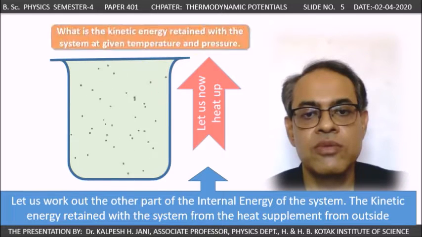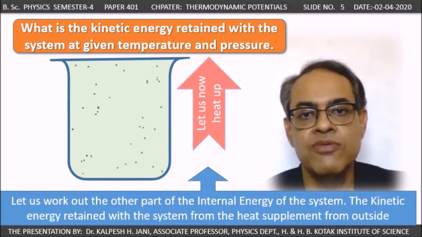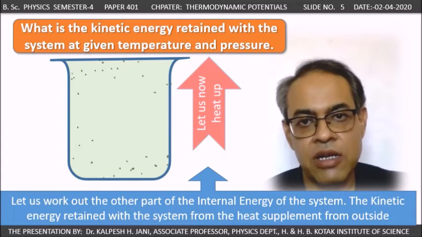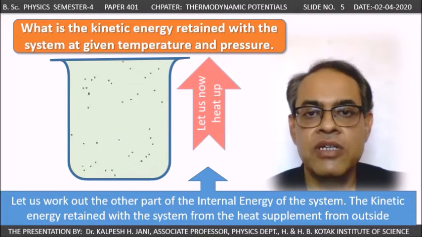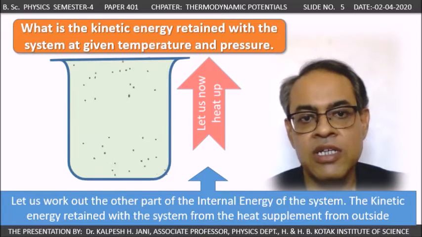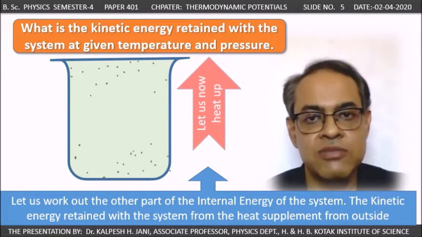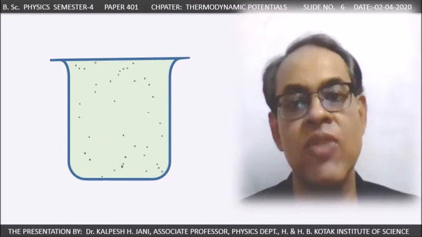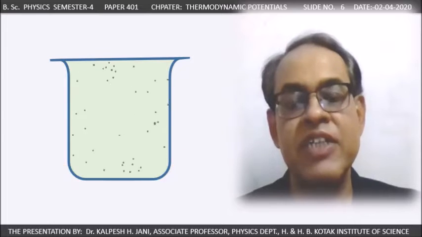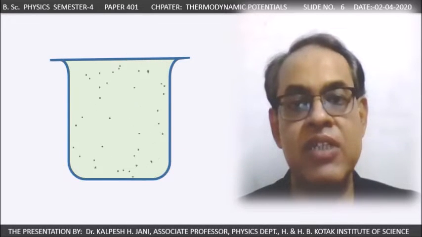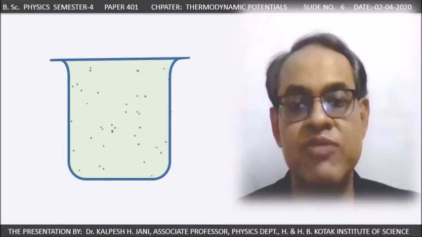So in doing so, we are doing this at a constant temperature and pressure right now. So when we heat up the system at a given temperature and pressure such that the temperature and the pressure of the system do not change, let us suppose that dq amount of heat is actually supplemented to this system from outside.